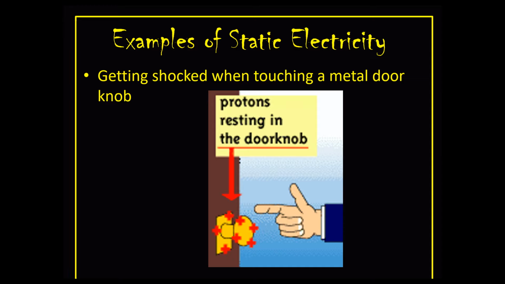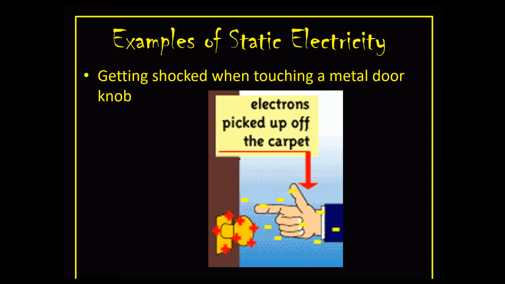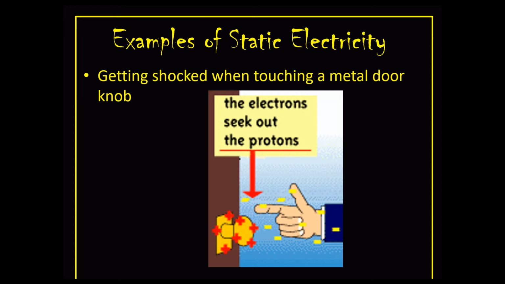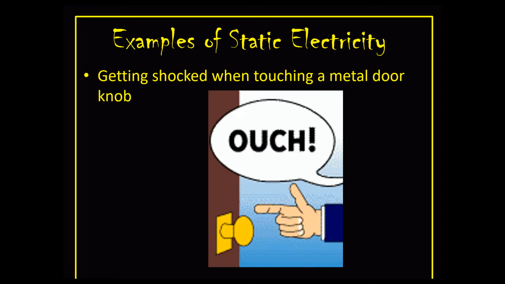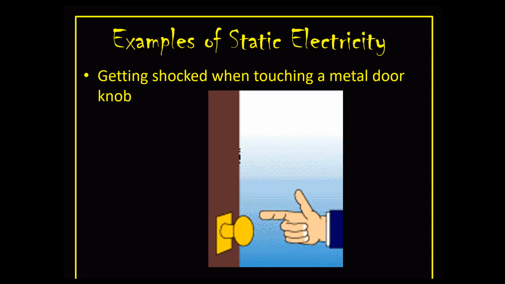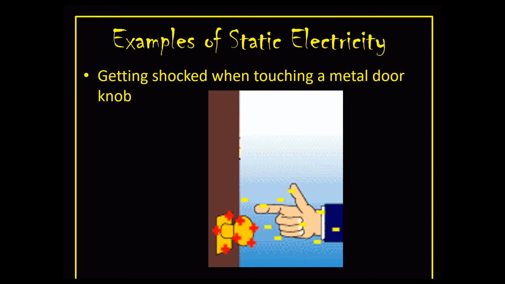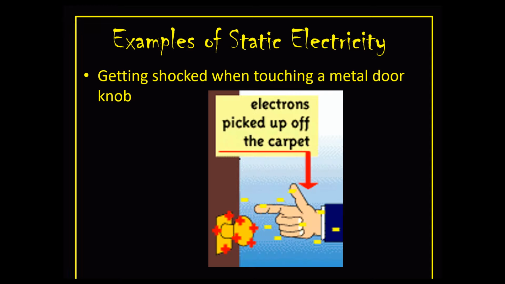Right, so here's a little animation. So we can see here that the doorknob has a net positive charge. The person or the hand has a net negative charge, and so you can see a static discharge happens here because those negatives are attracted to those positives.